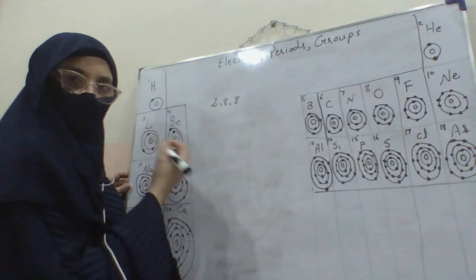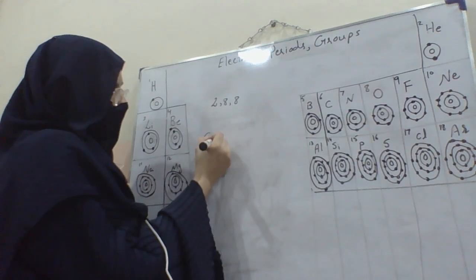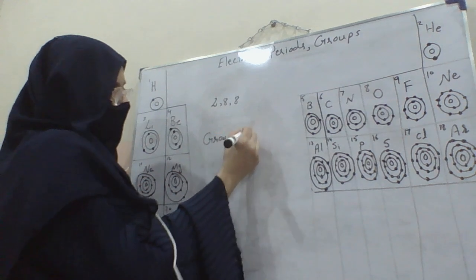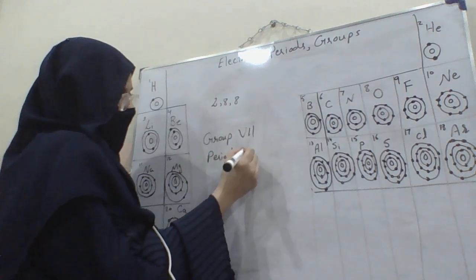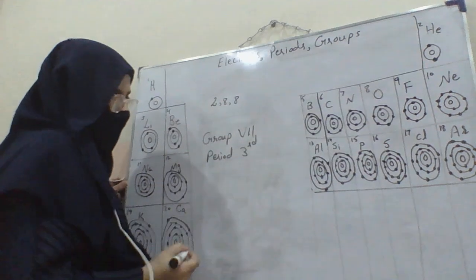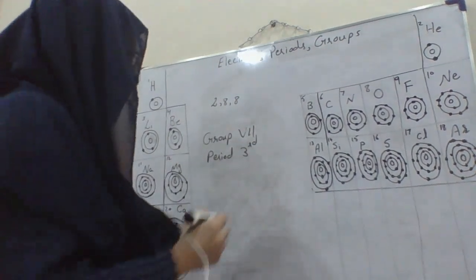If I ask you about an element present in group 7 and third period, you can easily find its electronic configuration.